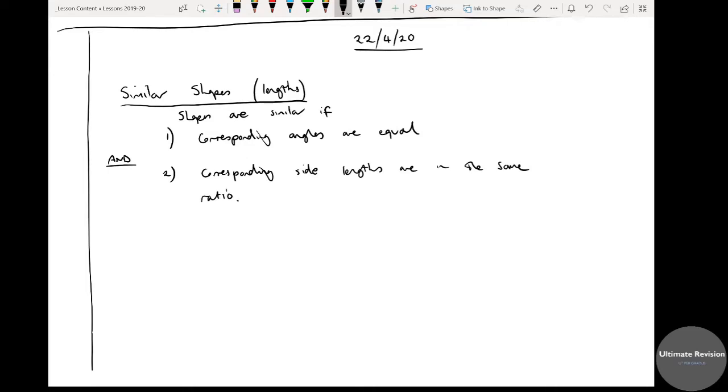So corresponding angles are equal and corresponding side lengths are in the same ratio.